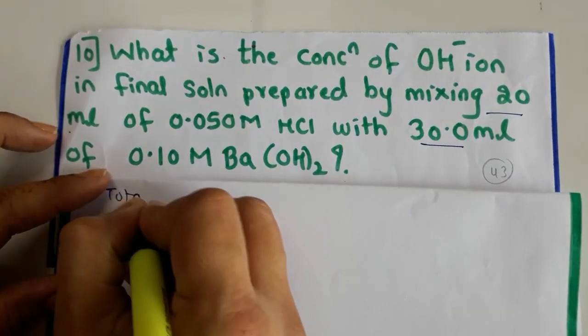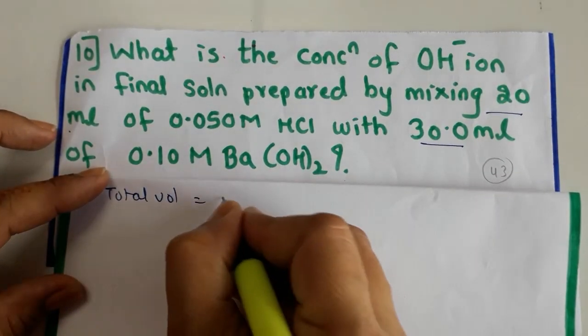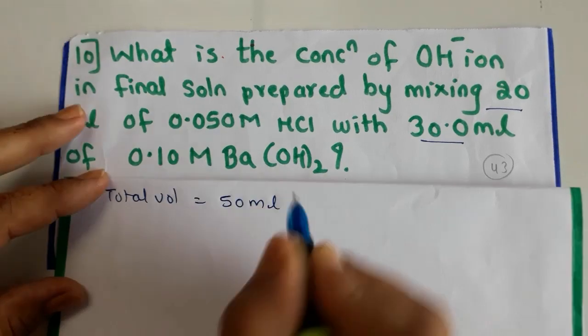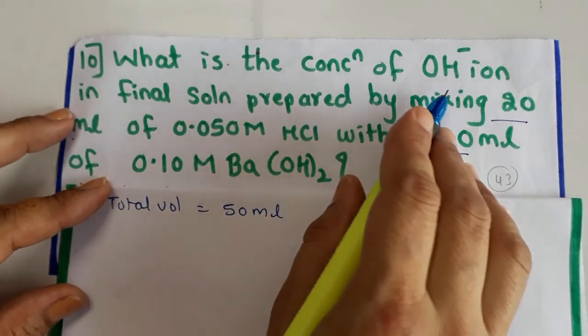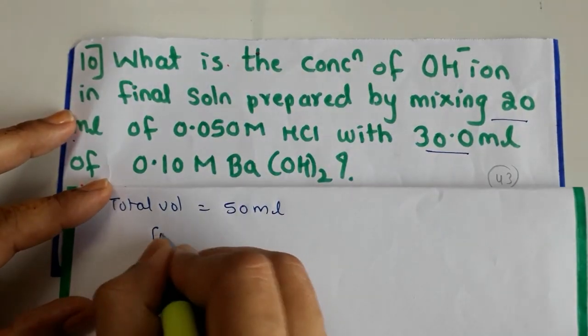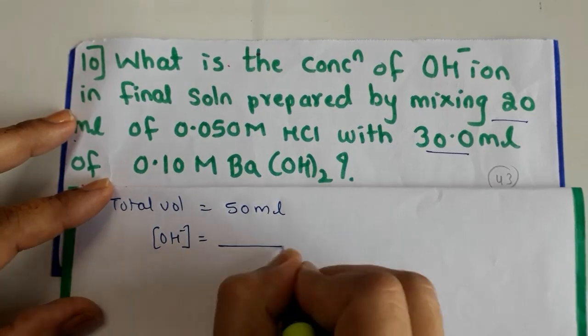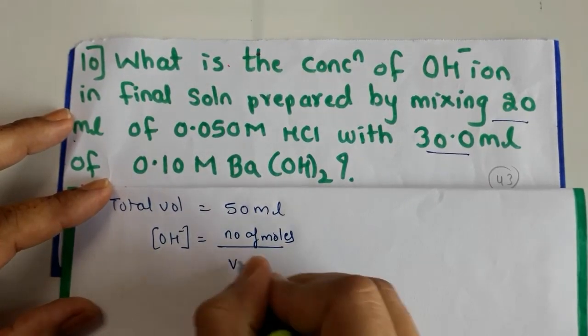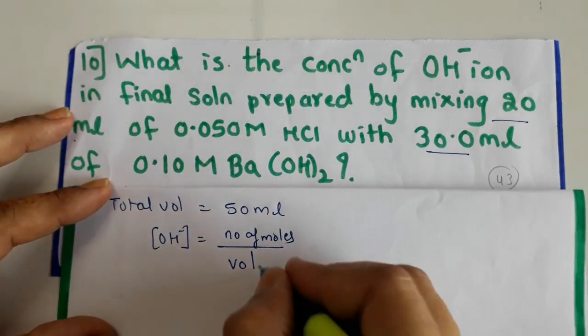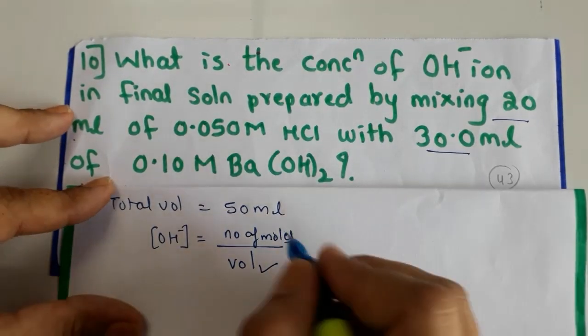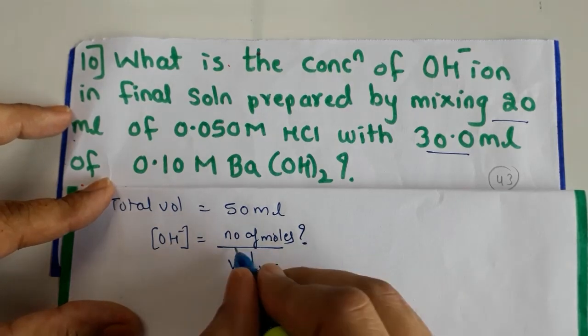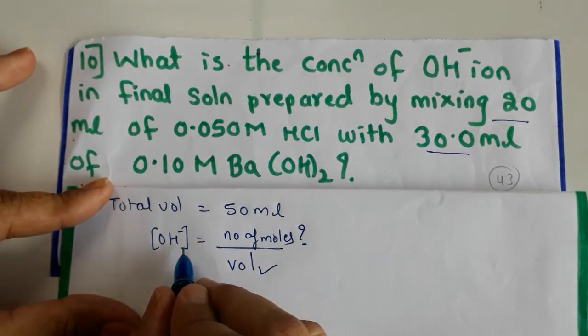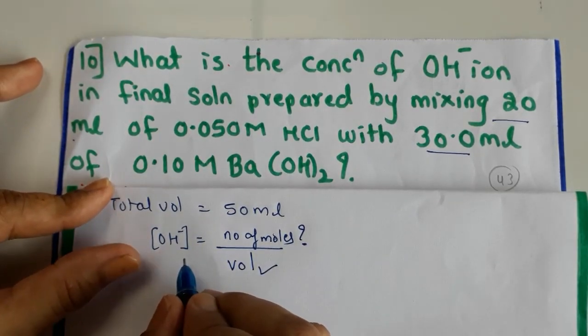So total volume of the solution is 50 ml. What is the concentration of OH minus? To get concentration, you should have the number of moles and the volume. Volume we have, that is in ml. We want to find out how many moles of OH minus are remaining which have not reacted.